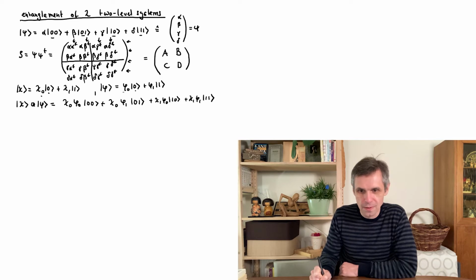So as a vector, this corresponds to a vector with components chi naught phi naught, chi naught phi 1, chi 1 phi naught, chi 1 phi 1.